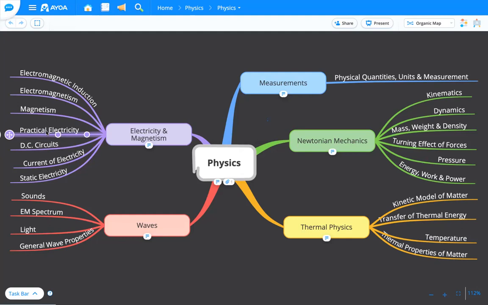But practical electricity is more about measuring power, how much power you need, and all the electrical safety measures that you require. Once we finish practical electricity, we will be done with the electricity part. Then we go into magnetism, then we combine them together. So this is the whole overview of where we are today.